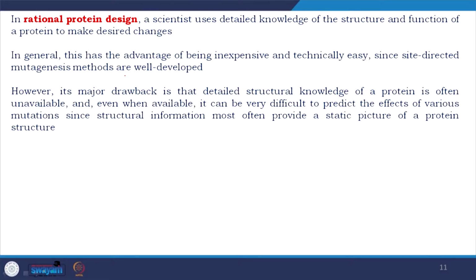However, its major drawback is that detailed structural knowledge of a protein is often unavailable, as in the initial description of this course, the challenges: we do not have enough structures. Now we have 1,75,000 plus structures, which come from around 35 to 40,000 proteins, whereas millions of proteins are now available.